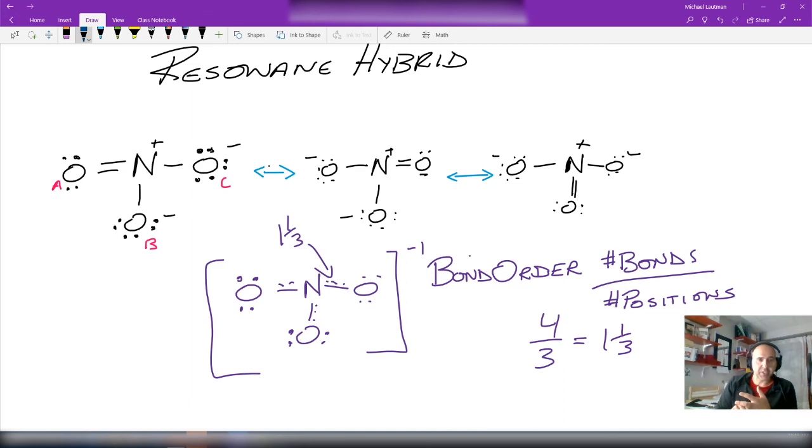They're equivalent to each other, so the real molecule is somewhere in between. And when all of the contributing structures are equivalent to each other, then the resonance hybrid is just a straight up average of them.